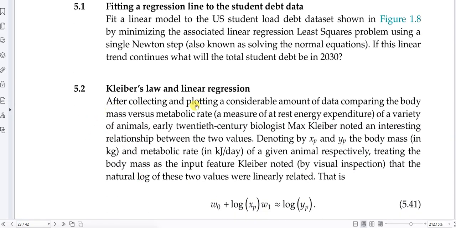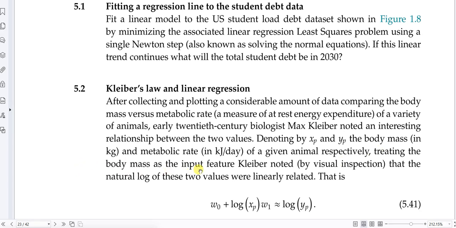After collecting and plotting a considerable amount of data comparing the body mass versus metabolic rate of a variety of animals, early 20th century biologist Max Kleiber noted an interesting relationship between the two values, denoted x_p and y_p, the body mass and metabolic rate in kilojoules per day of a given animal respectively.